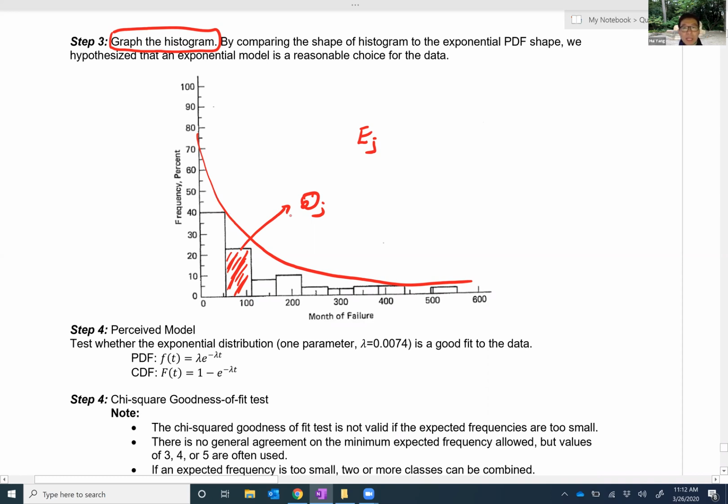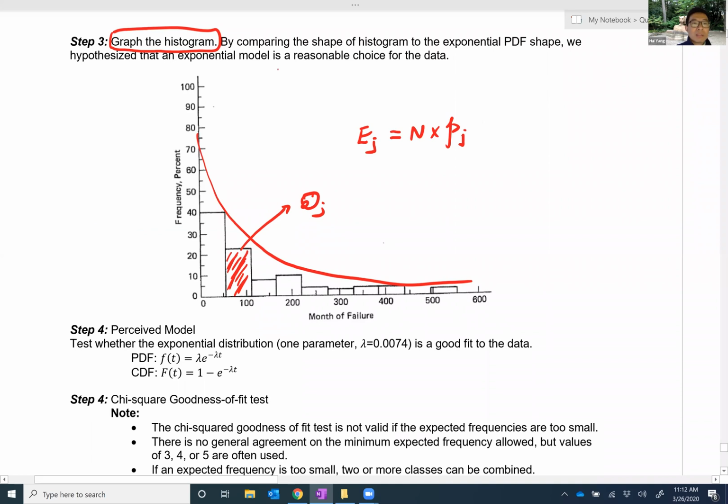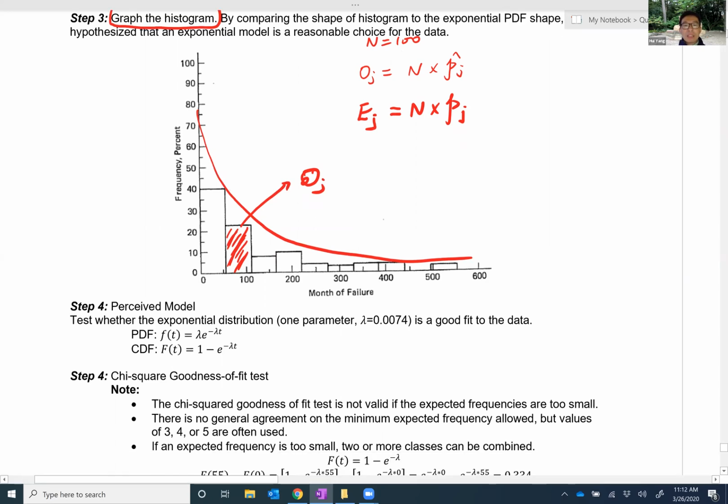In order to get EJ, we need the total number of observations times PJ, because OJ equals the total number of observations times PJ hat, where N equals 100. So if we want to get the PJ, we need to get the model.